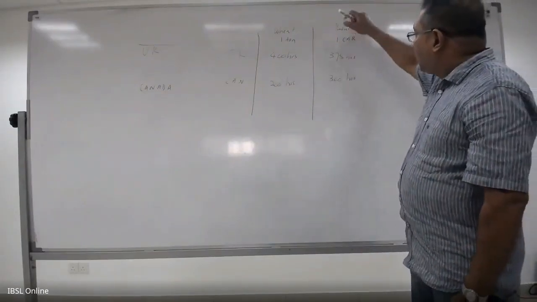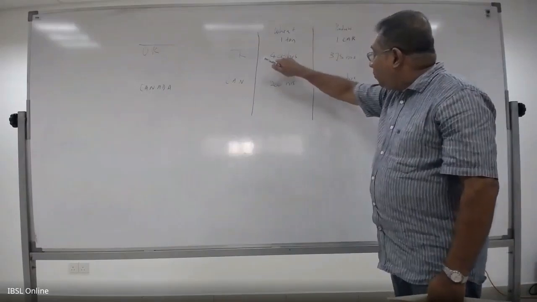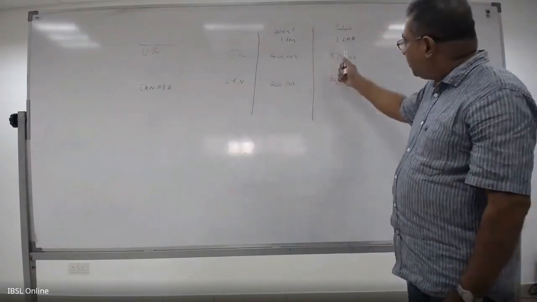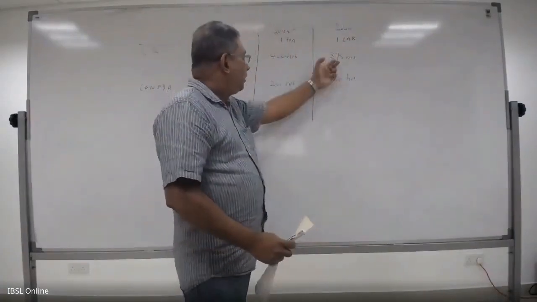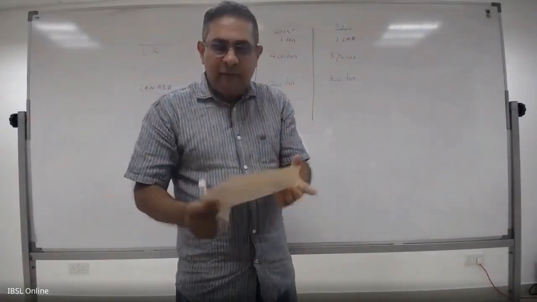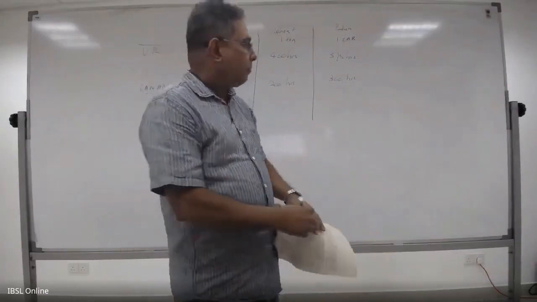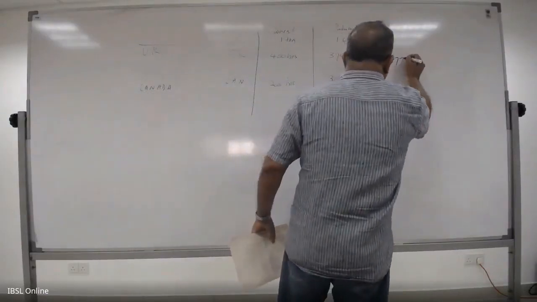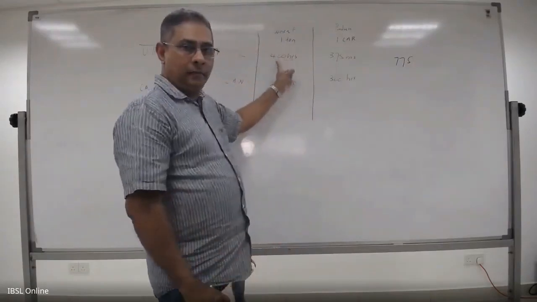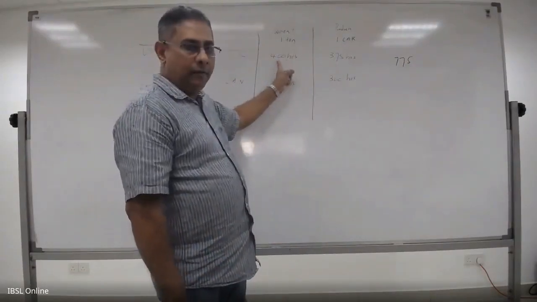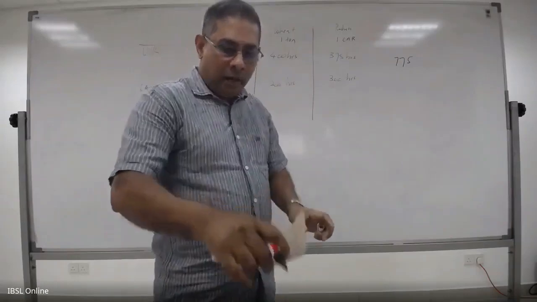If these 400 hours are given to produce a car, then they have 775 hours. 375 plus 400.